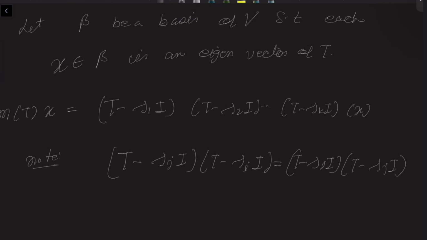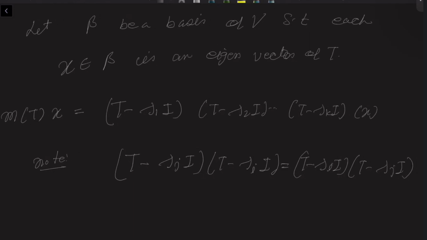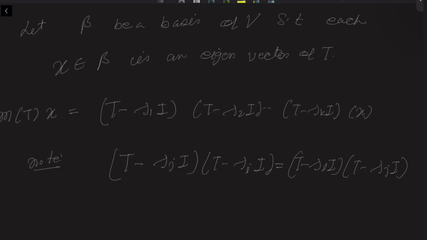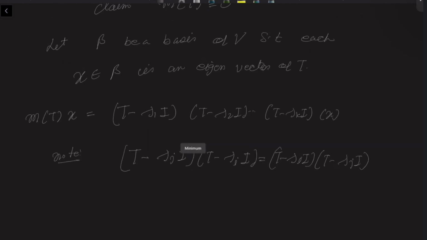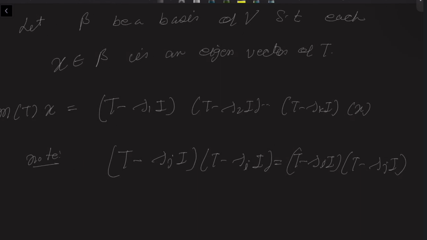In general, linear operators are not commutative. If we have two linear operators s and b, it is not necessary that s composition b equals b composition s, and matrix multiplication is also not commutative. But these special operators t minus lambda 1 I, t minus lambda 2 I, can commute.